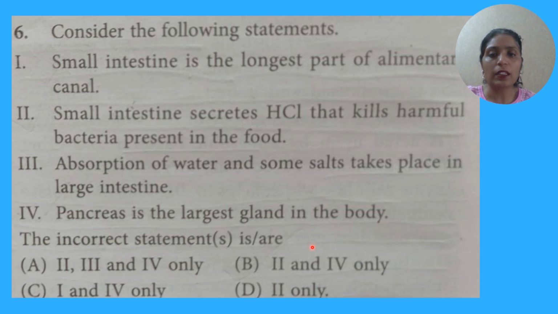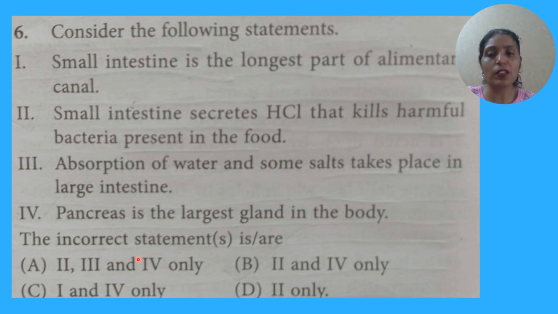The incorrect statement we have to mark. Now one incorrect statement we can see is the fourth, which says the pancreas is the largest gland. We have studied that the liver is the largest gland in the body. So definitely the fourth option is wrong.